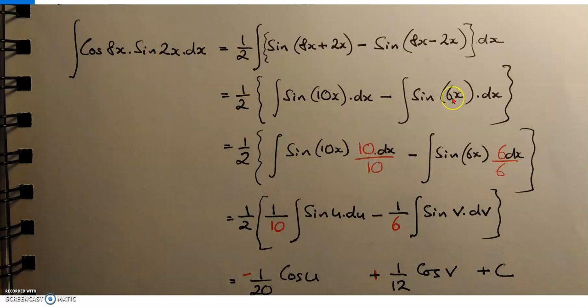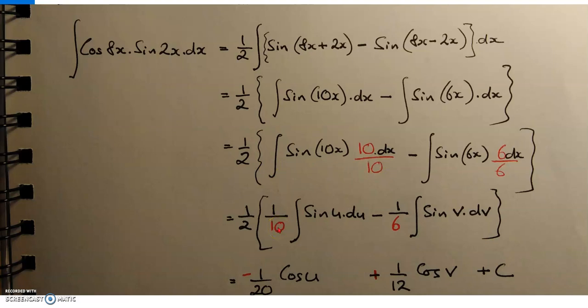I'm doing the same thing here, but calling it v. I'm saying v equals 6x, so dv by dx is 6. When I multiply by 6, I have to divide by 6. Of course, this 6 on the bottom goes in front of the integral sign, just as the 10 in the denominator goes in front of this integral sign as 1 over 10.